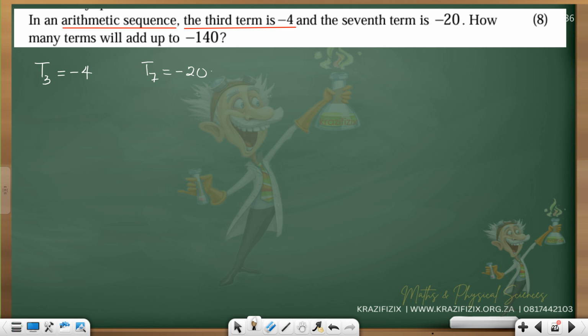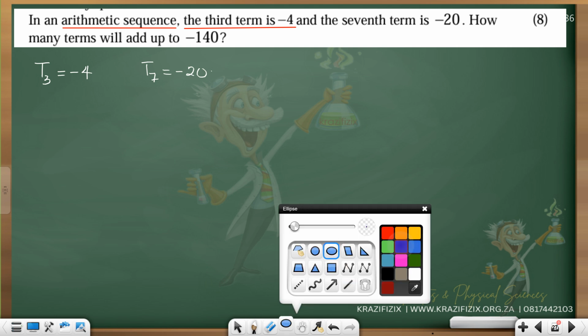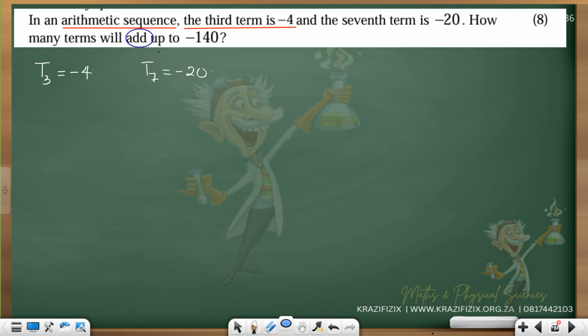How many terms will add up to? Keyword: how many terms will add? The word add simply tells me it is sum, and we know it is Sn.